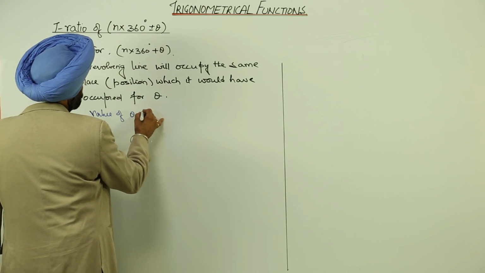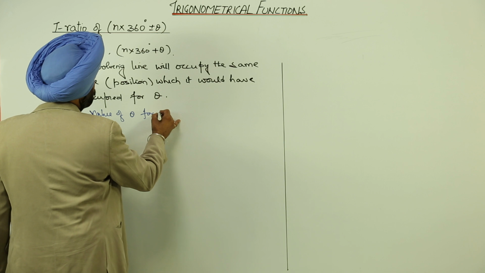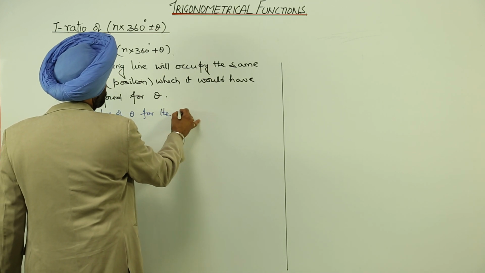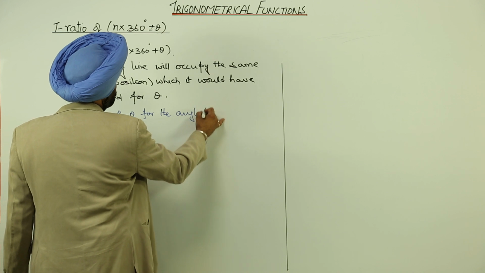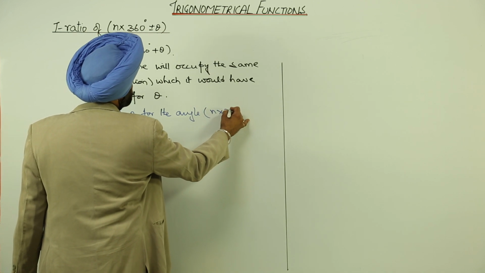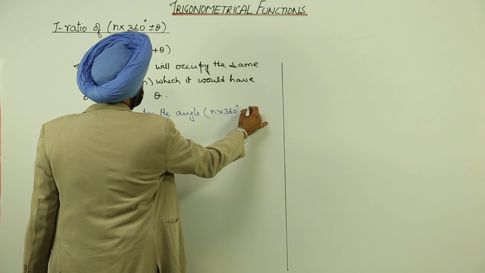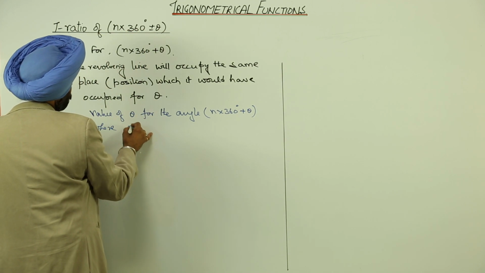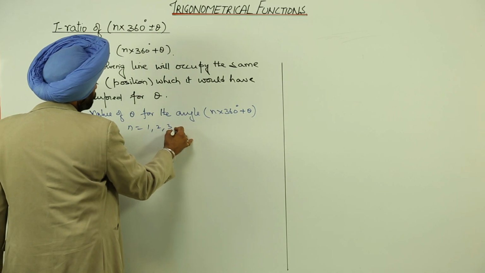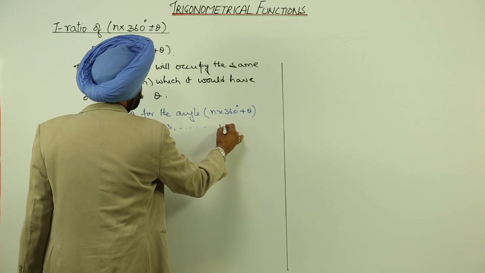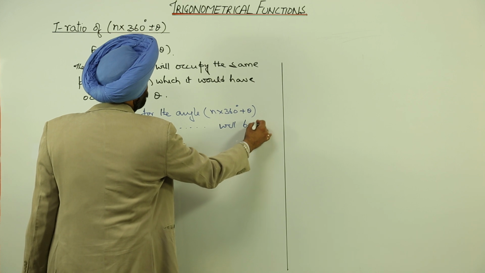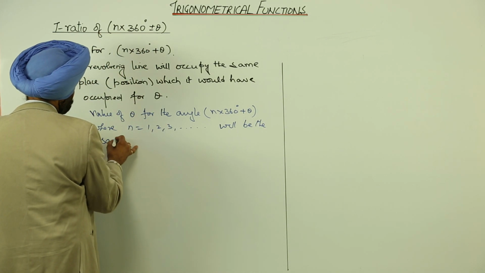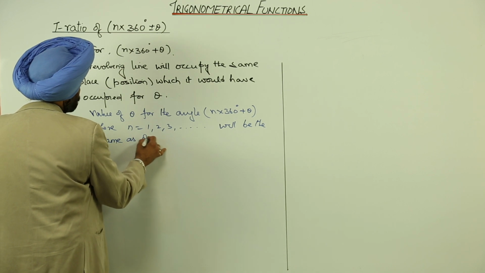Now the value of theta for the angle n times 360 degree plus theta, where n is equal to 1, 2, 3, it can be any, will be the same as theta.